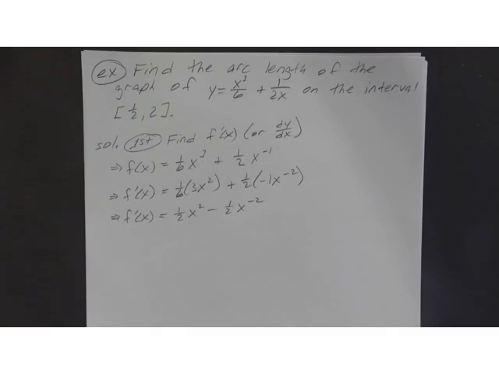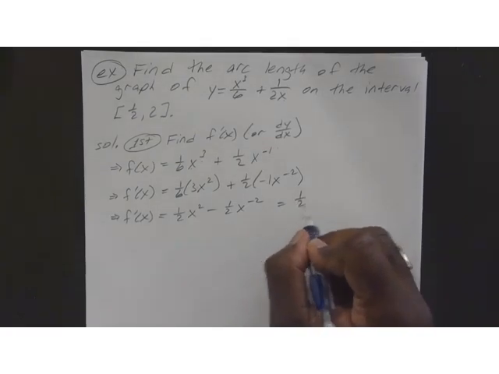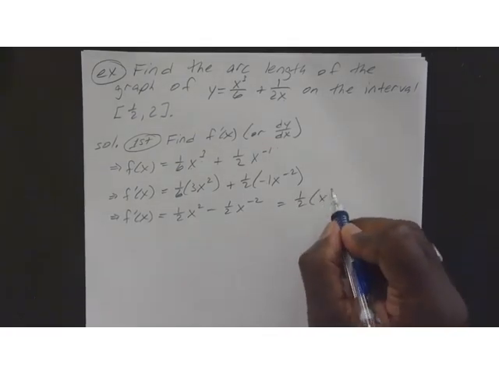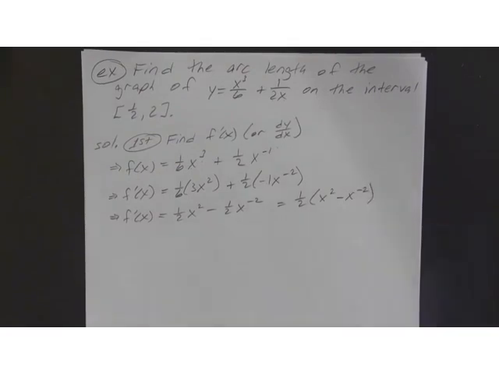If you wanted to, you could factor out a 1/2. You don't have to, but sometimes it helps. x squared minus x to the negative 2 power. Right, so once you find your f prime of x, now you're just going to plug it into the formula.